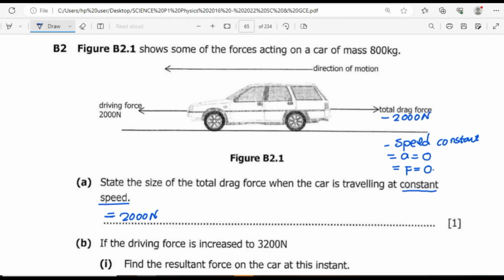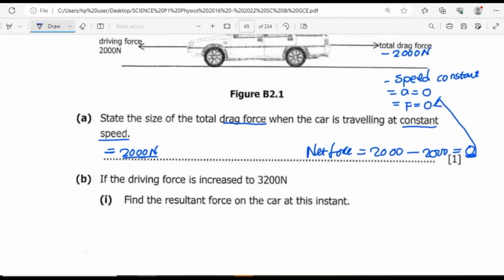We won't put a negative, but we know that the drag force has a negative in it, so it is negative 2000. So if we are to find the net force, 2000 minus 2000, we get the resultant force of what? 0. Okay, so now let's go to question B.